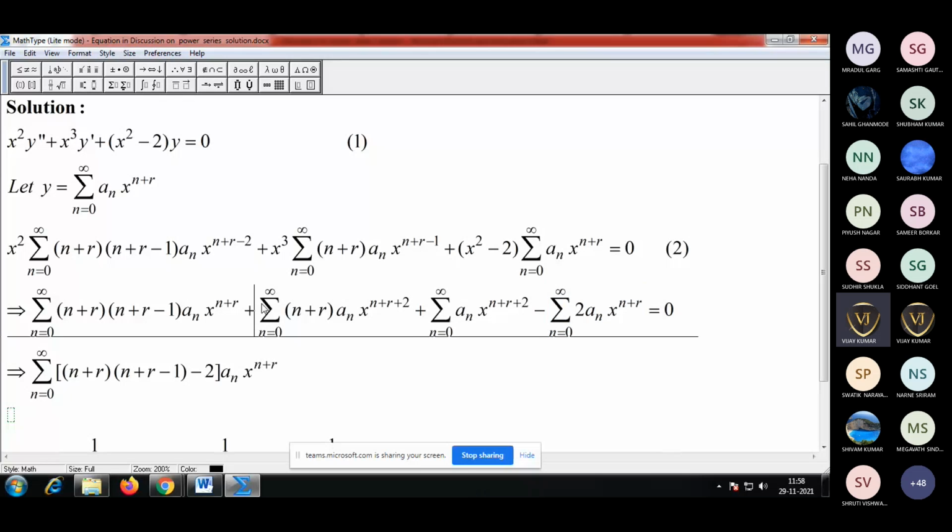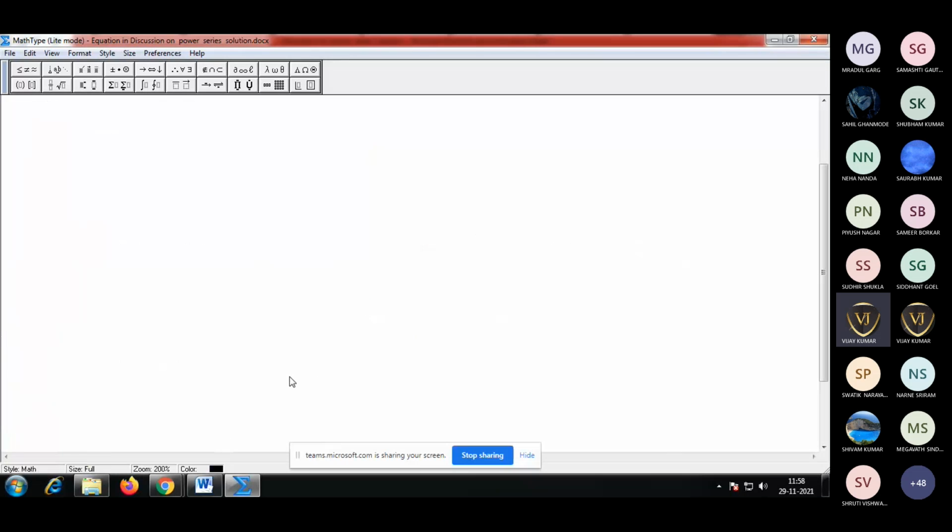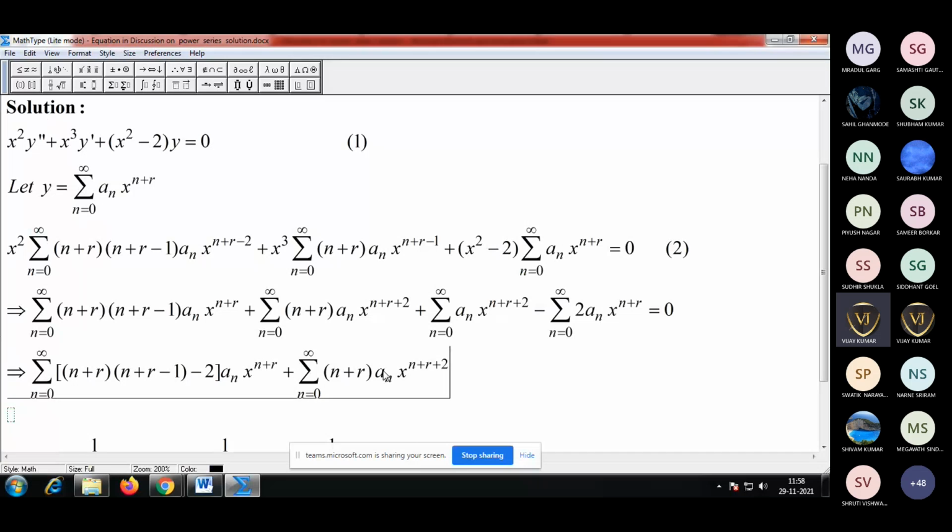Now these two terms can be combined. So n plus r plus 1, a n is common, x power n plus r.